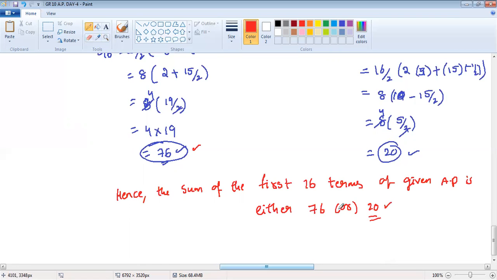So you are supposed to write it either or. You cannot confirmly say that 76 and 20. So this also carries one mark, because you are getting either that sequence or this sequence. So compulsory you are supposed to write either or case. You cannot say blindly 76 and 20. Got it?